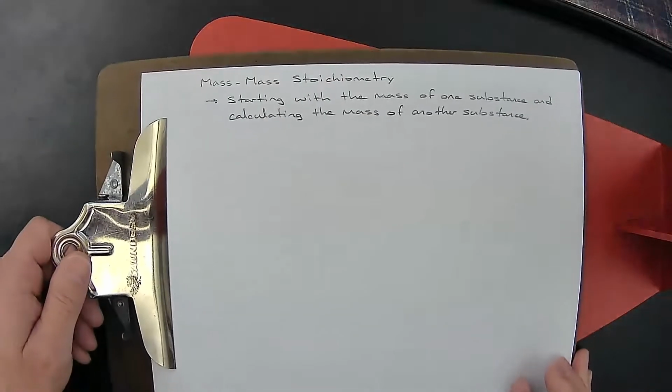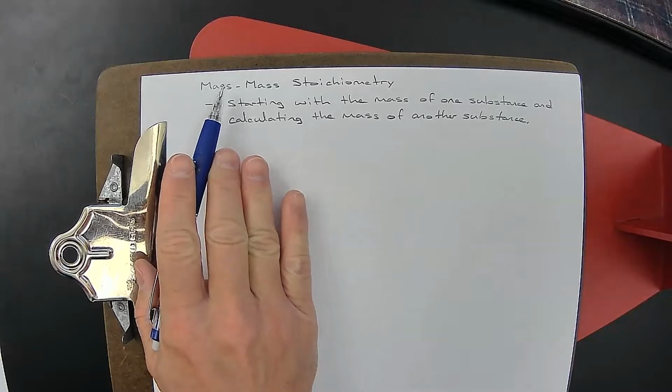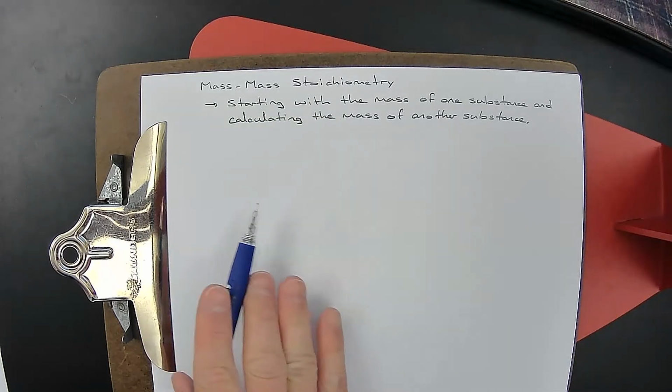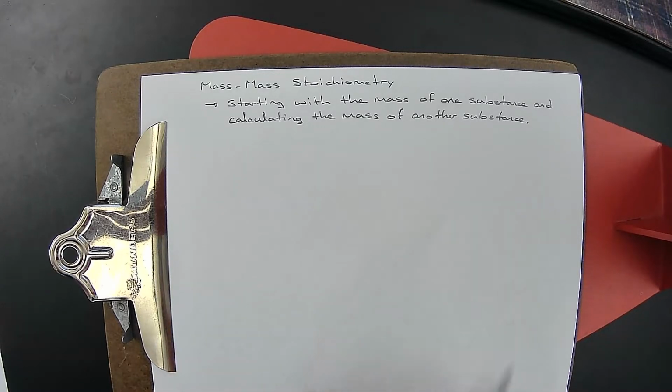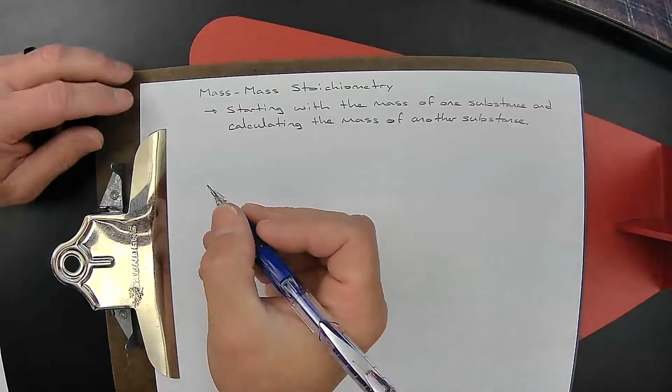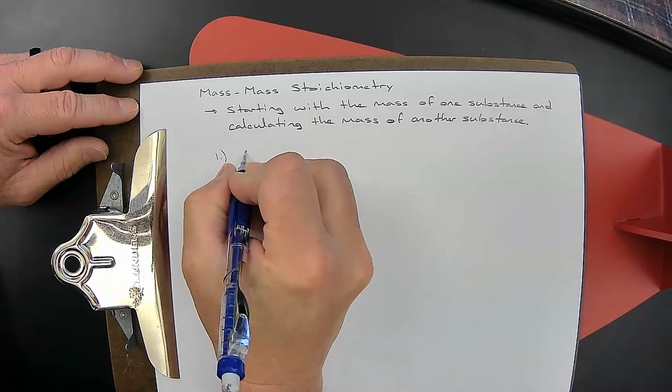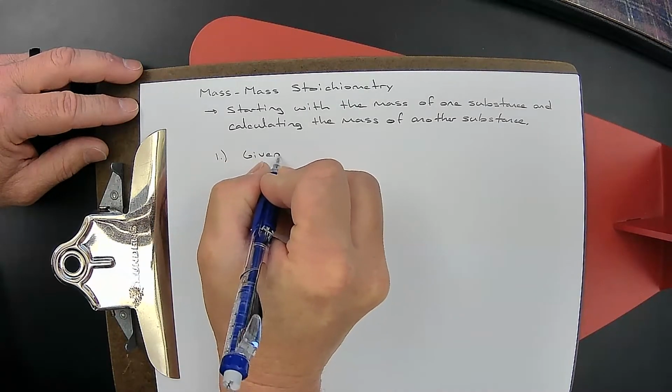During this process, we're going to find out that mass to mass stoichiometry is a culmination of previous calculations that we have already completed. The first step, step 1, is to write down what's given.